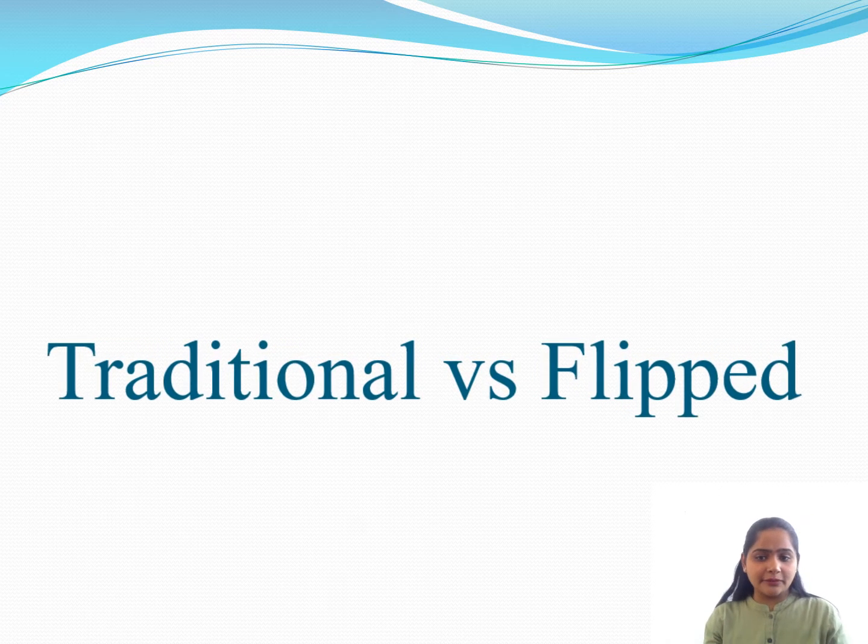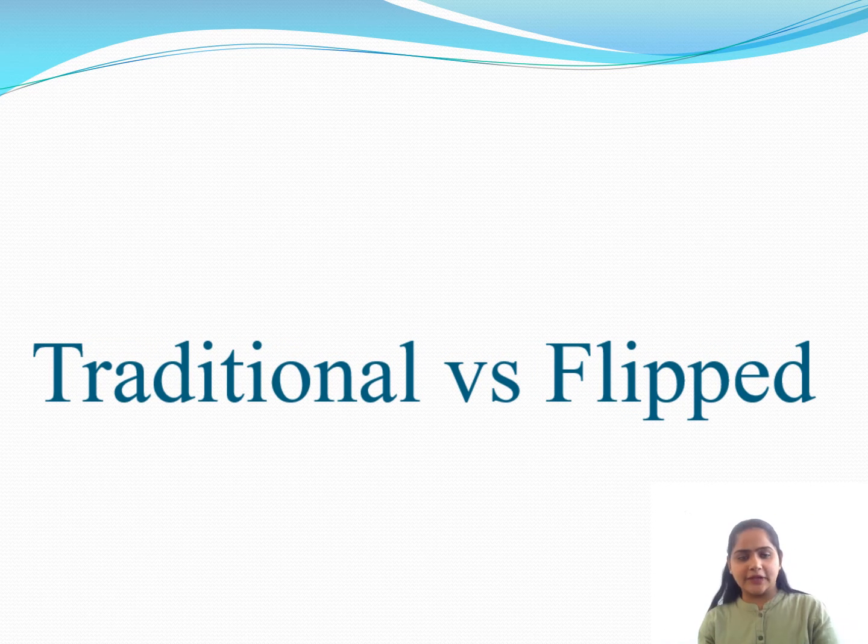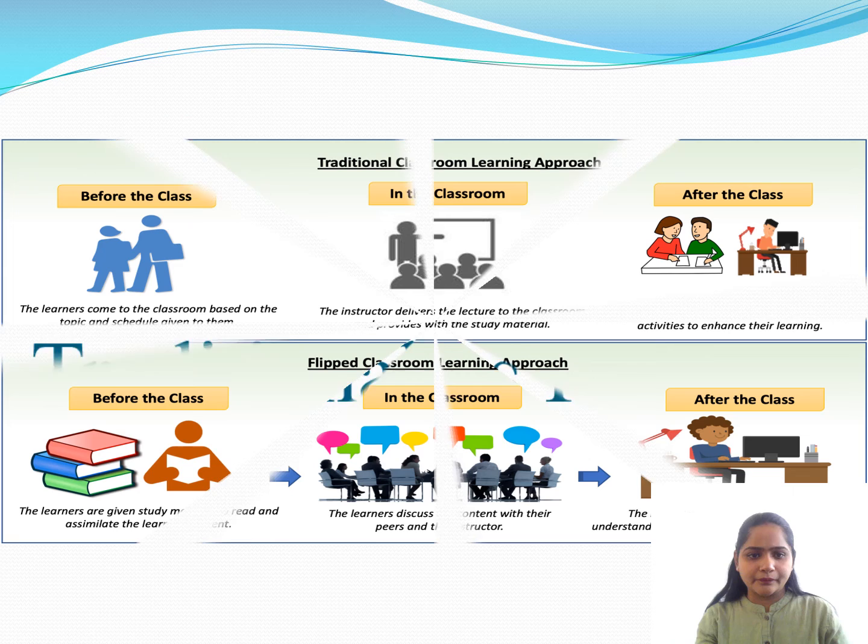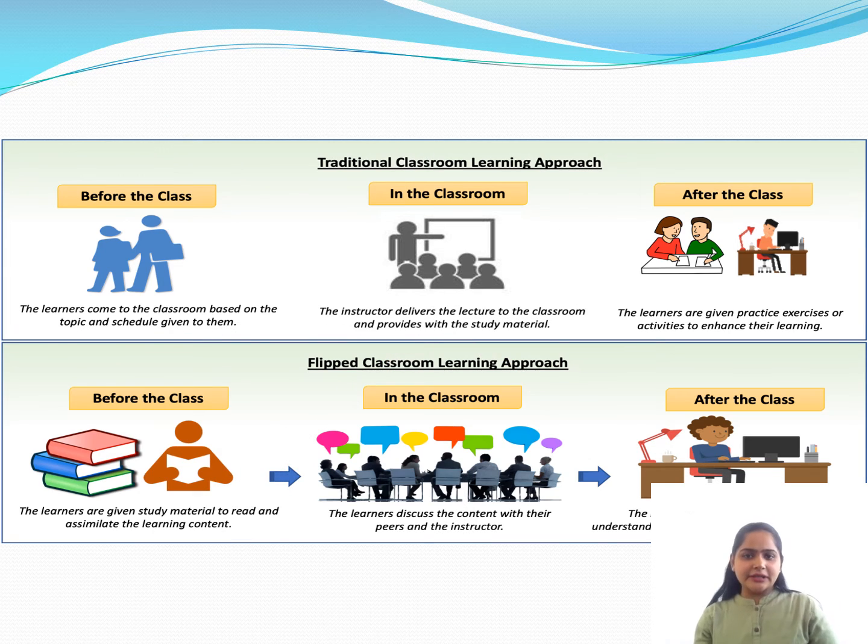Now what is the difference between traditional versus flipped classroom? In traditional classroom, before the classroom, the learner come to the classroom based on the timetable schedule. And in flipped classroom, before the class, learner are given study material already by teacher and they know about the basic idea of that topic.